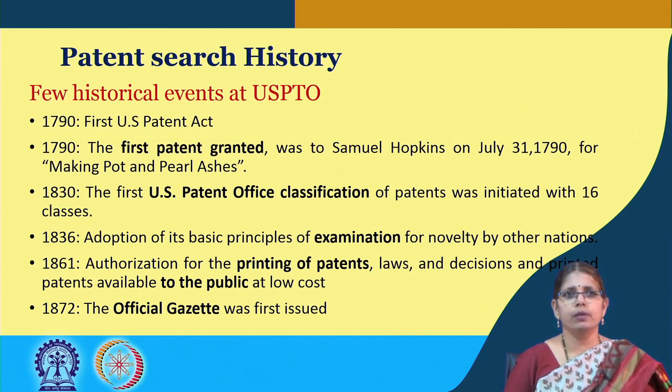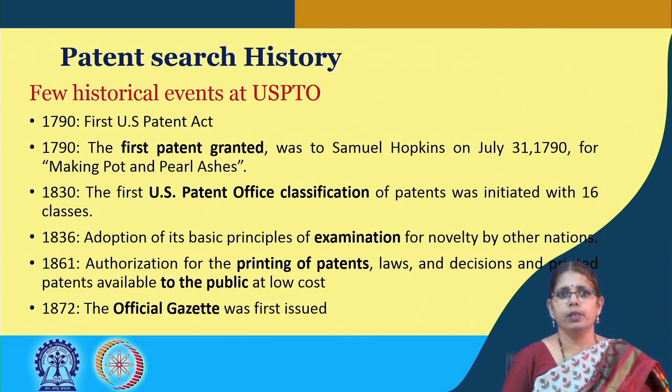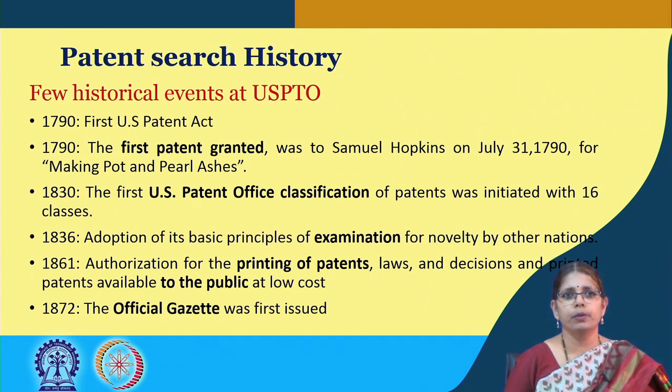While the very first patent was granted in 1790, it was for a very simple representation and documentation that was available at that point of time. Not until the examination of patents began at the USPTO, sometime around 1836, did the necessary incorporation of the need for printing of patents and making them available to the public come about.